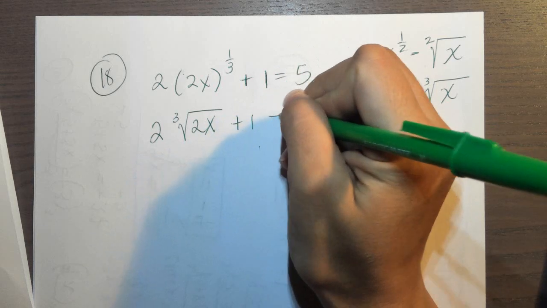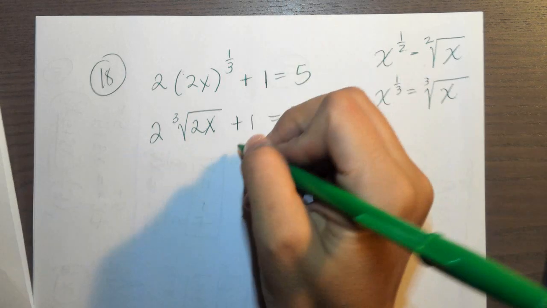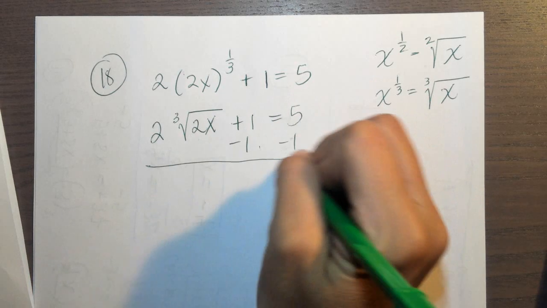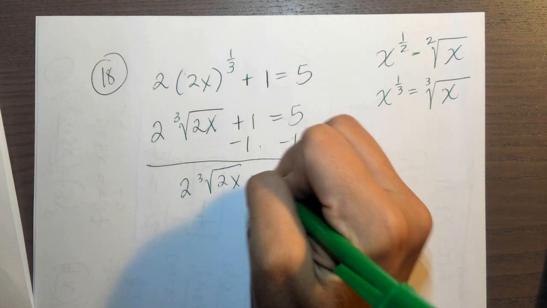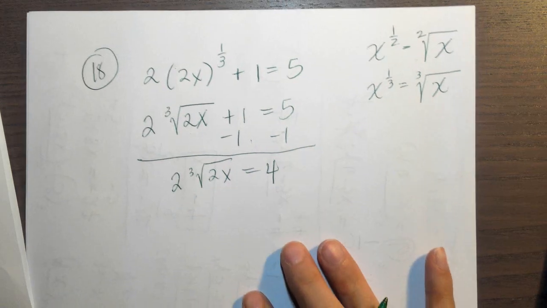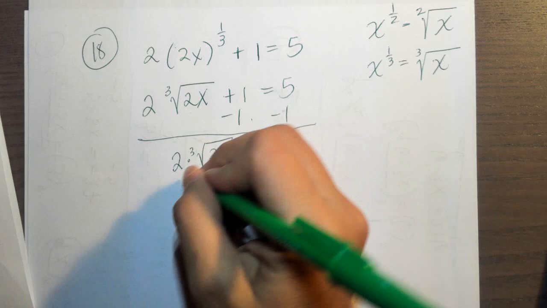Bring down your plus 1 equals 5. So we want to solve, and I want to get the cube root by itself. So the first thing I'm going to do is subtract 1 from both sides. So I get 2 times the cube root of 2x equals 5 minus 1 is 4. This is being multiplied right here, so I want to get the cube root by itself.